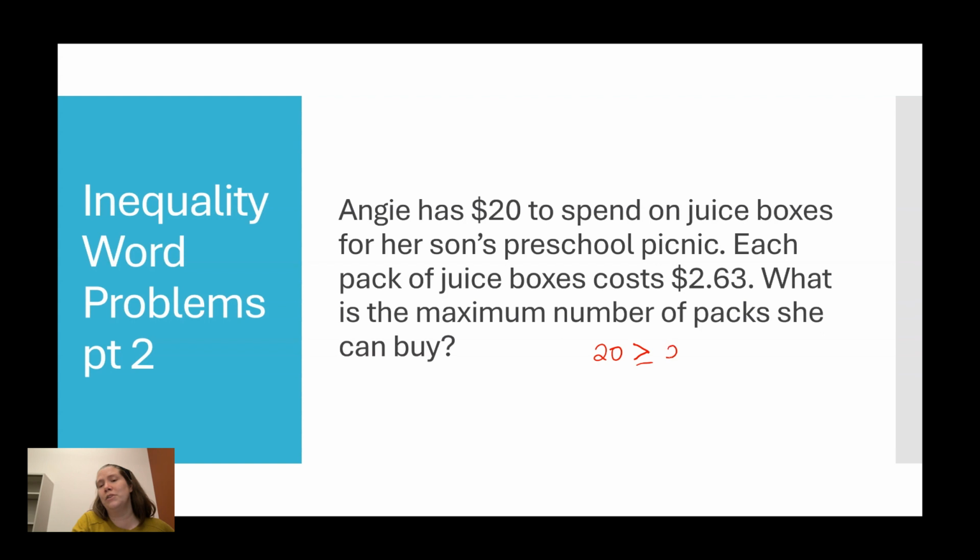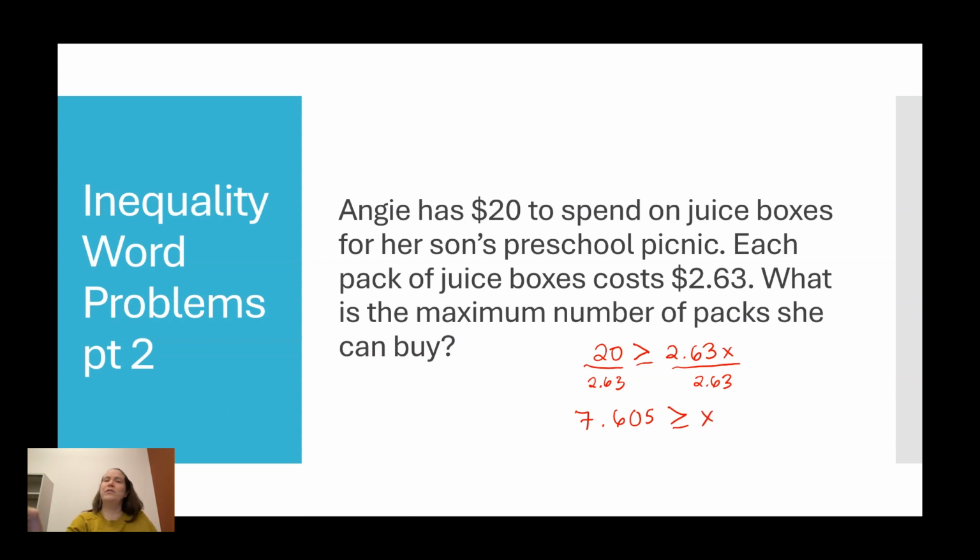And we are going to spend $2.63 per each pack we get. We're going to try to get x all by itself here by dividing by 2.63 on both sides. When we do that, we are going to get 7.605, which is greater than or equal to x.